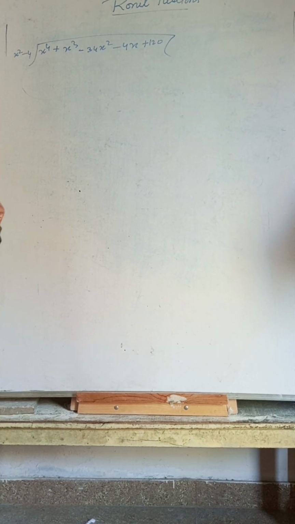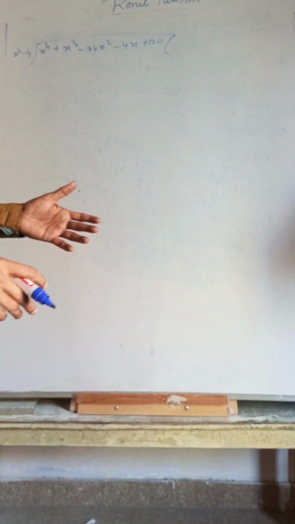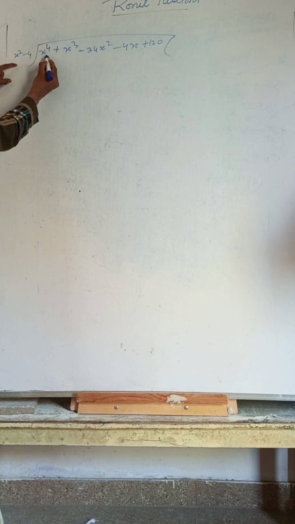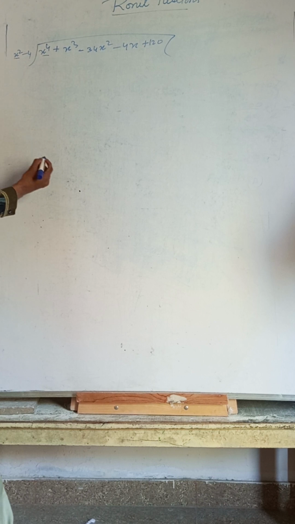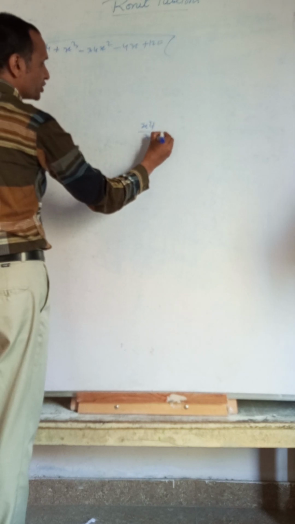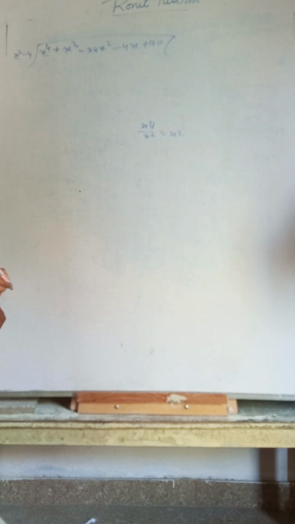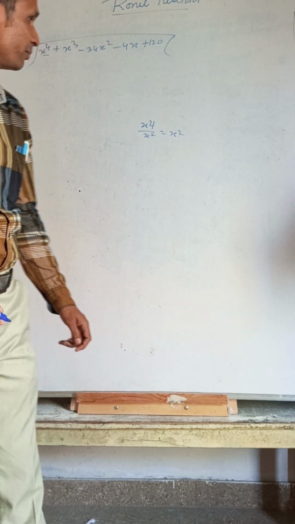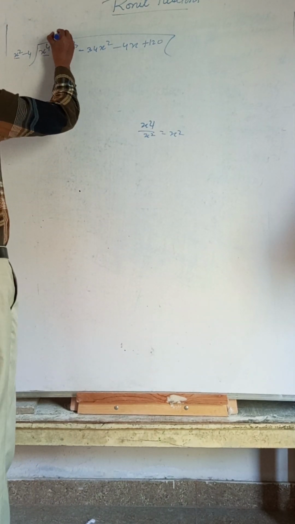How to do division? A video is already uploaded that you can see, but here we do it again. The first term is x to the power 4, and here x to the power 2. X to the power 4 divided by x to the power 2 is x square. In division, if the bases are the same, the powers are subtracted.